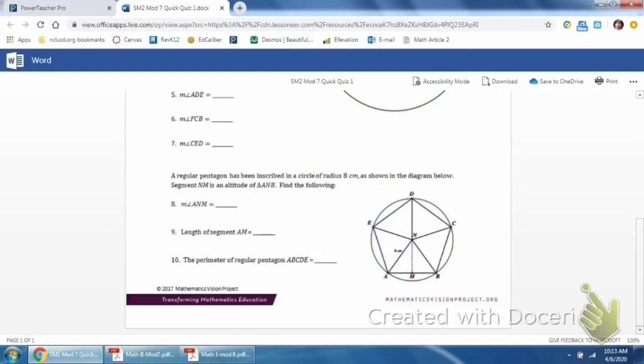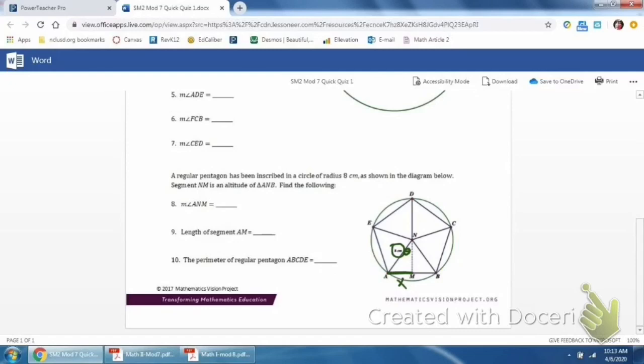Didn't they ask you for the length of segment AM? Now they're basically looking for half of one of those sides. At this point we should have this angle here, we'll call it theta. This is the side we're looking for, which is opposite, and the hypotenuse is 8.